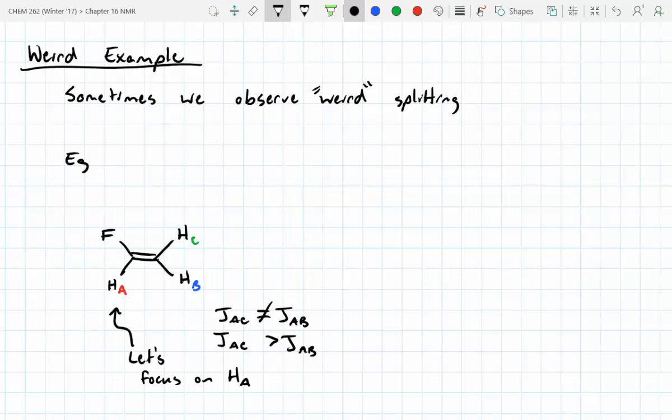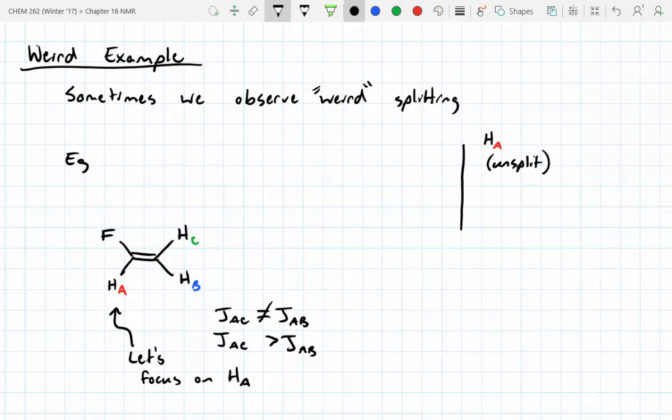So I've got my graph paper here. This is going to be my unsplit peak for HA. I'm just going to say unsplit. All right, HA is going to be split both by HC and HB. And we know that A is going to be split most by HC because it's trans. It's further away.